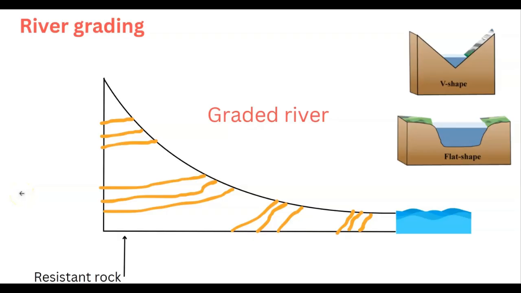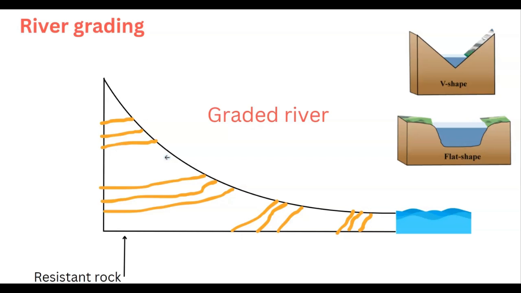All right, we're going to look at river grading. A graded river is a river that has achieved a balance between its gradient, the steepness of the channel, volume, the amount of water, and channel shape, so that the river has sufficient energy to flow with erosion rates in balance with the deposition rates.